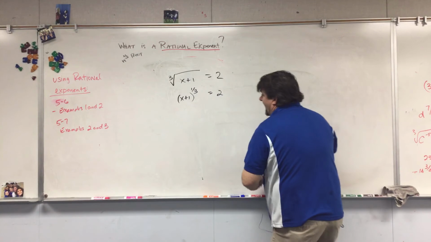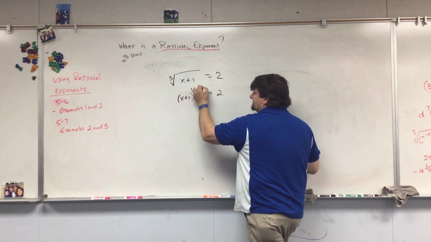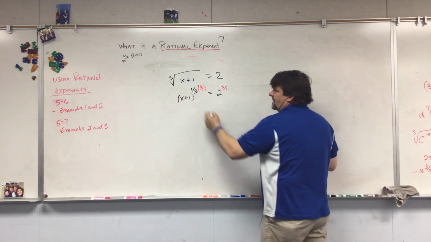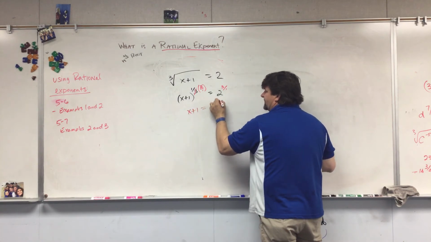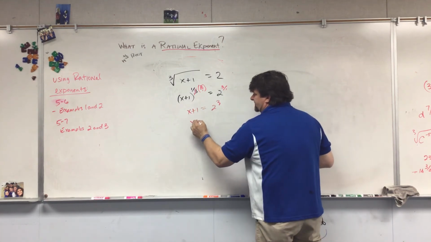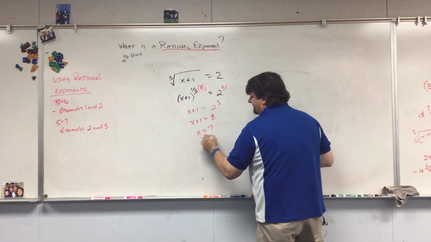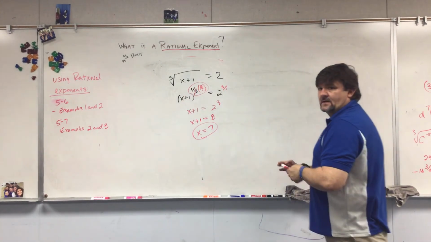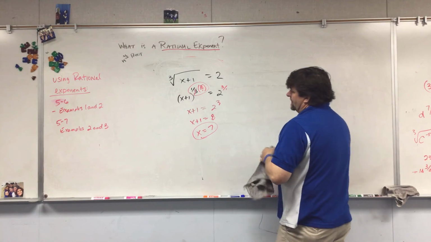I have a fractional or rational exponent. I have to multiply by its reciprocal. Those cancel. X plus 1 equals 2 to the 3rd power. X plus 1 equals 8. X equals 7. Key piece right there.